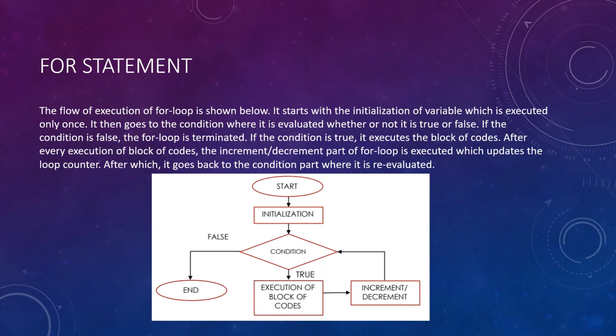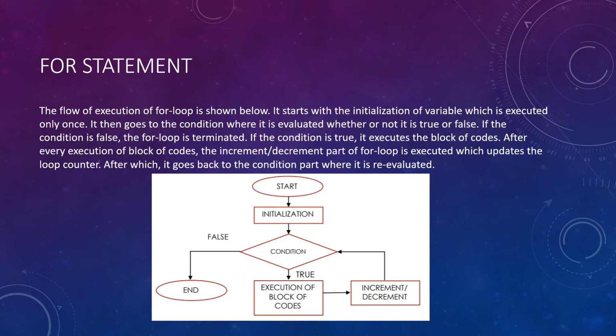The flow of execution of the for loop is shown below. It starts with the initialization of the variable, which is executed only once. It then goes to the condition where it is evaluated whether it is true or false. If the condition is false, the for loop is terminated.